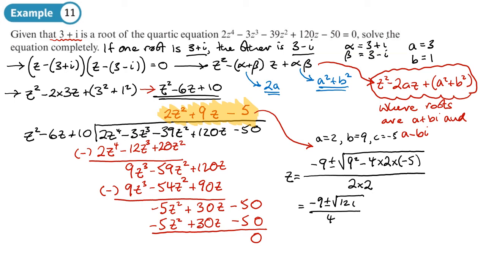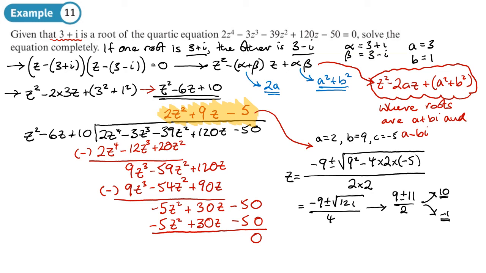Over 4. So from that we get, well, that's 11, isn't it? So negative 9 plus or minus 11 over 4. That will give us, well, negative 9 plus 11 is 2, and then 9 minus 11 is negative 20, over 4, will give us negative 5.